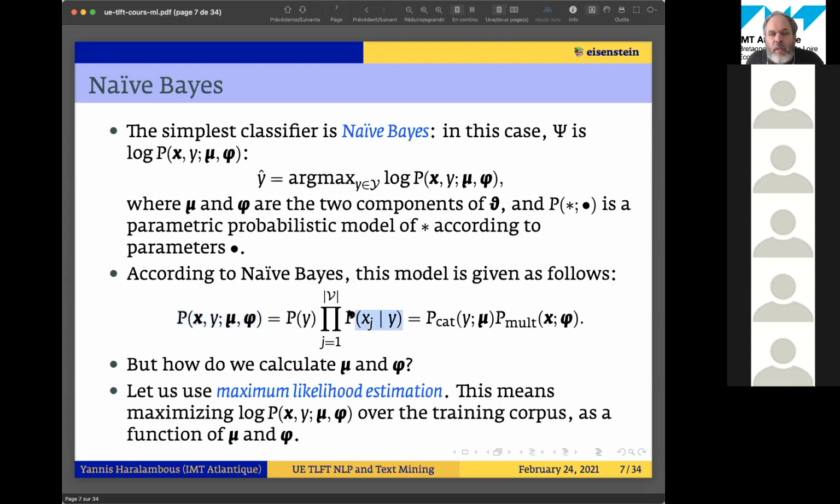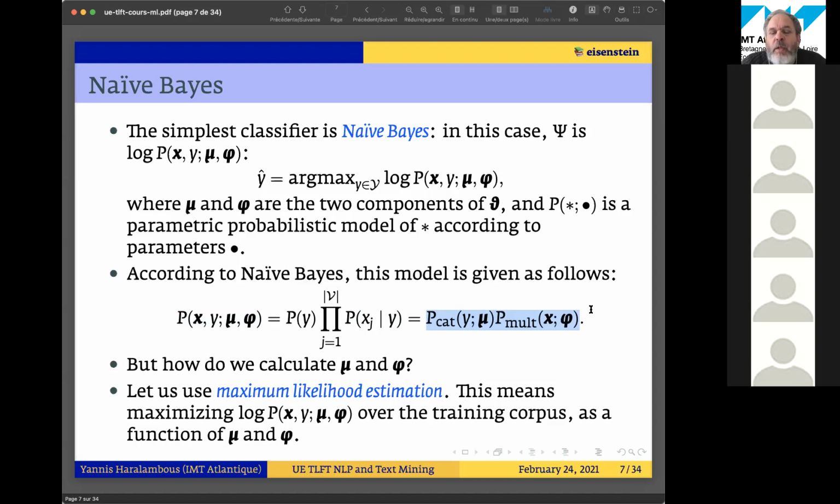And thanks to this hypothesis, I can have a formula where this probabilistic model is the product of two well-known probabilistic models, which is the categorical model for y multiplied by a multinomial model for x.